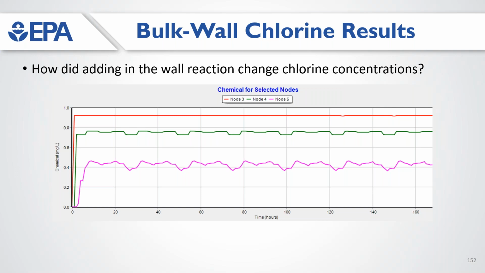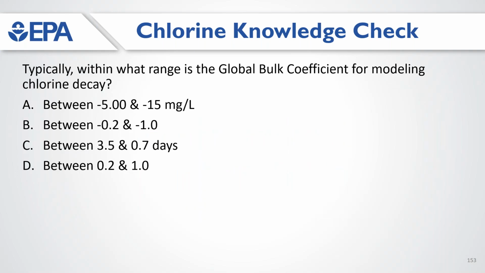Node 5 similarly dropped even more. It went to less than half. Before wall reactions, it averaged 0.9, and now it's down to just 0.43. So the distance is an even larger factor when the wall reaction is also considered.